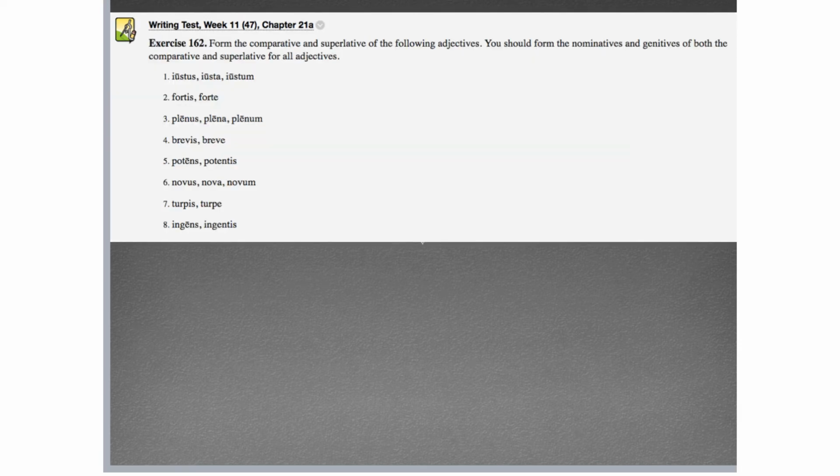Here's the writing one, and you're going to be forming the comparative and superlative of the adjectives. Just the nominatives with the genitives. So justior, justiores, and I'm not too worried about the neuter for the comparatives. And then justissimus, justissimi.